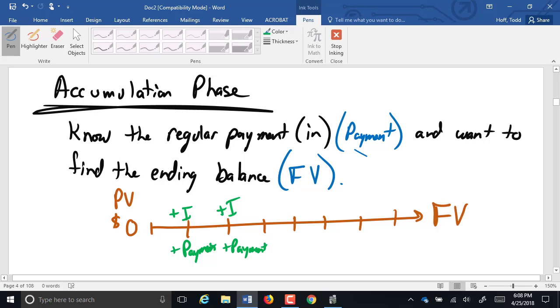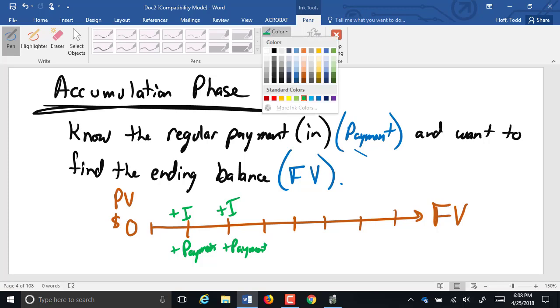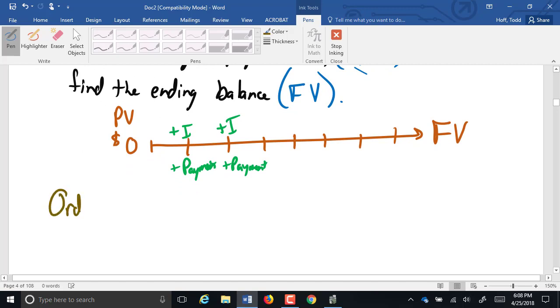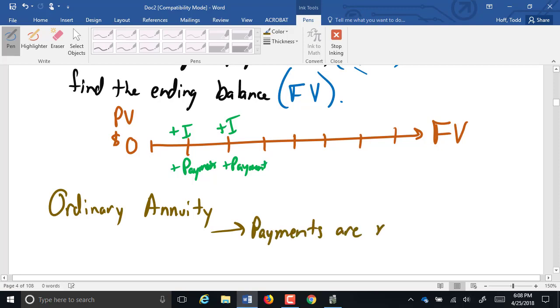I'm not going to label that for each period, but you guys get the picture. On an ordinary annuity, which is the most popular, payments are made at the end of each period.